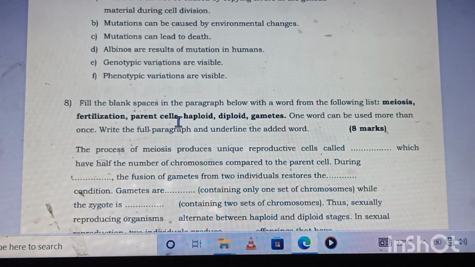Parent cell comes from fusion of gametes. Haploid is one set of chromosomes. Diploid, two sets of chromosomes. Gamete is involved in sexual reproduction, meaning sperm or ovum. Let us start with the answer.